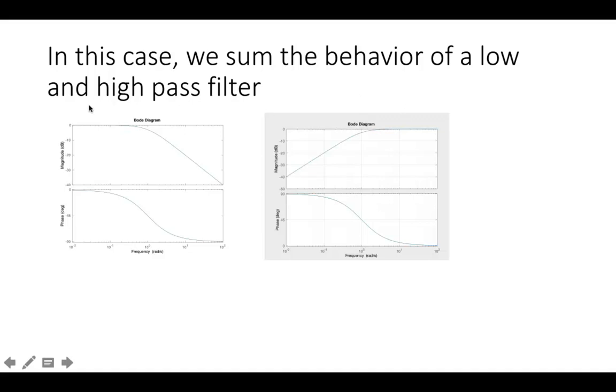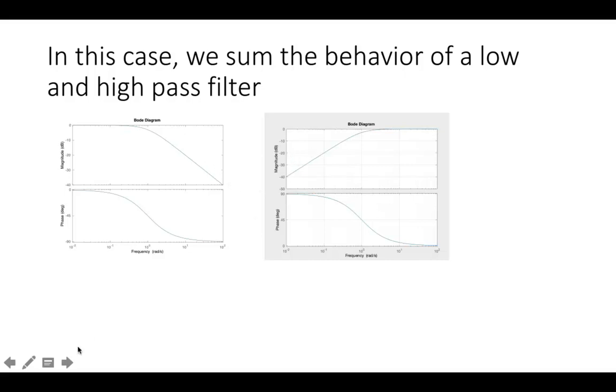So you can see when you add 0 dB, or 1, to a highly attenuated signal, you're going to remain at 1. When you're at high frequencies and you add 1 to an attenuated signal, you're going to end up at 1. In the middle, you're adding 0 plus 0, so you're going to get that dip in the middle.